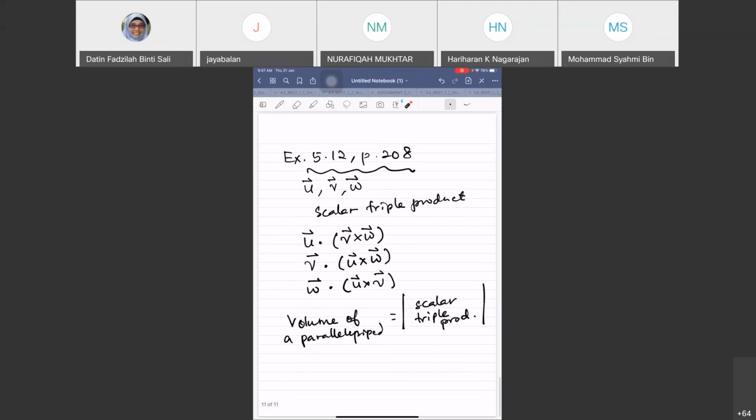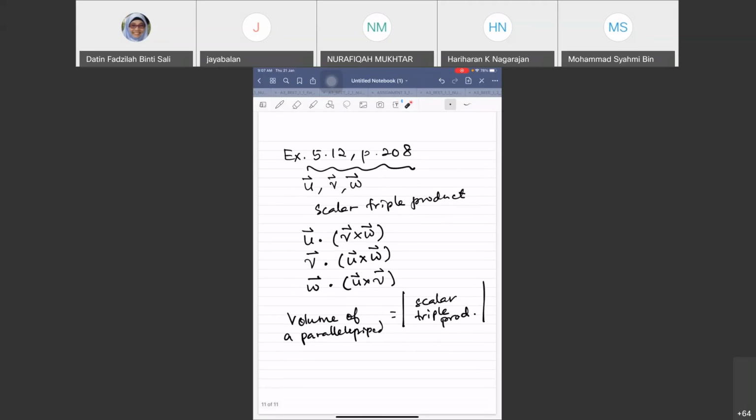Okay, so it has to be a positive number. So for exercise 5.12, maybe we can take a look at the first question, question A. Can you all try? Or anybody has done this? The answer is 10. Okay, the volume is 10.